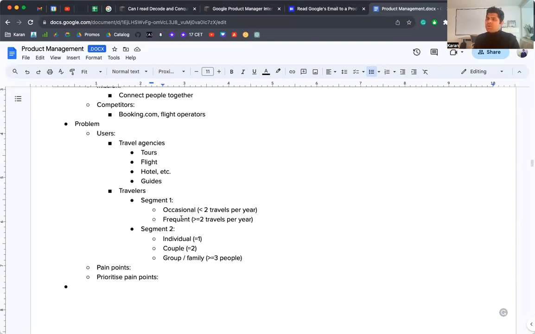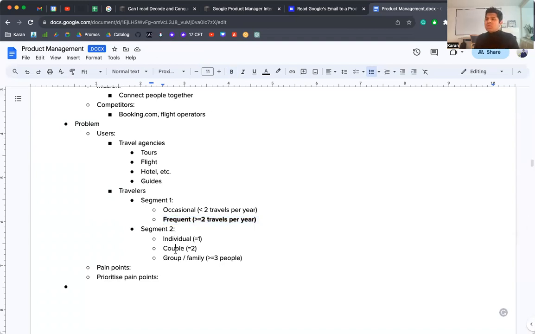Now, obviously, based on the target addressable market and the growth, I think it is great enough to actually prioritize the frequent travelers base, because the target addressable market, particularly from a traveling perspective, would be larger here.